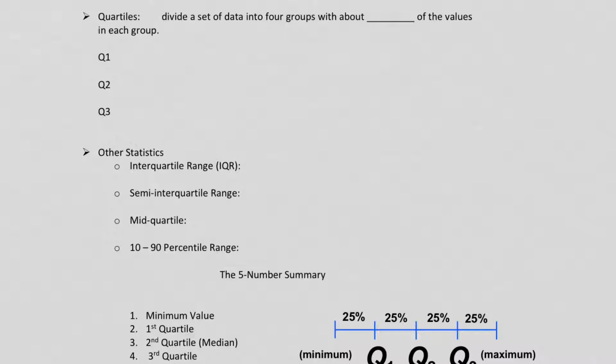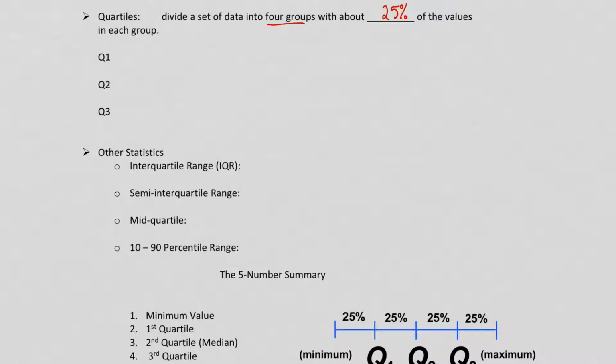And so the next thing we're going to talk about is quartiles. Quartiles, just like the name implies, it's a quarter, or fourths. So we divide the set of data into 4 groups, and that creates quarters or sections of 25% of the values in each of the groups.